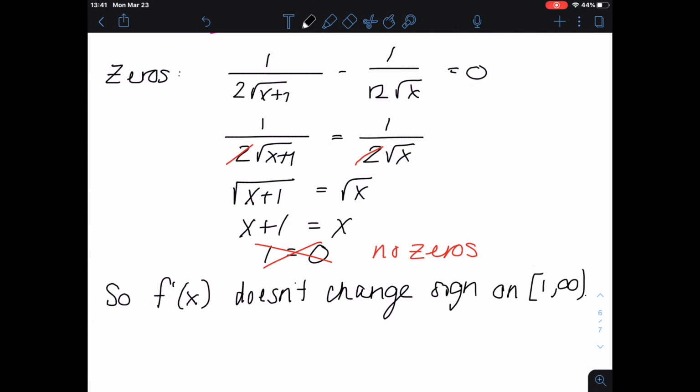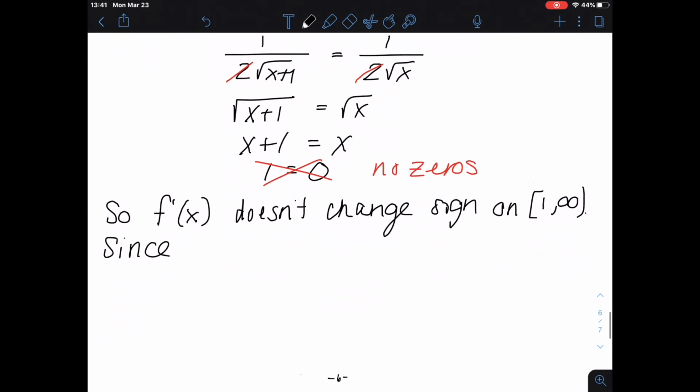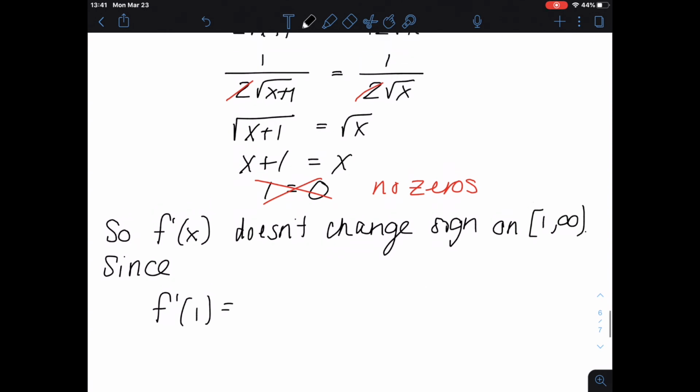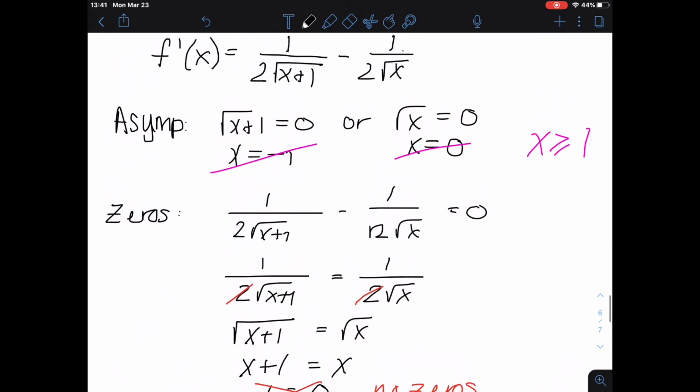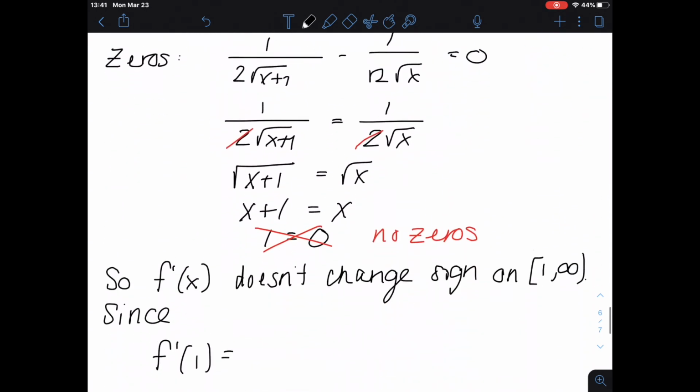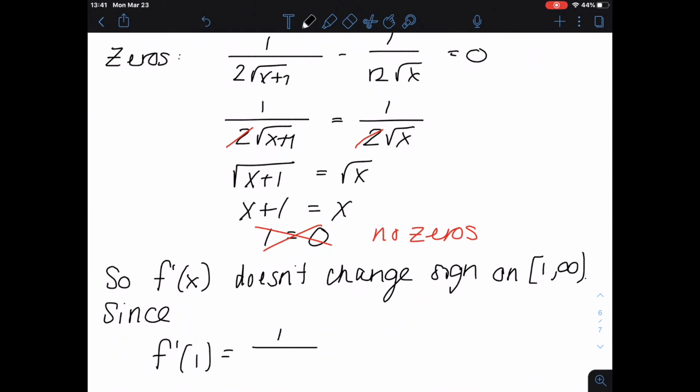Okay. So I can pick any number from 1 to infinity that I want. I'm just going to pick 1. So f prime of 1, if we go back up to what f prime is, it's 1 over 2 root 2 minus 1 over root x. So you get 1 over 2 times 1.